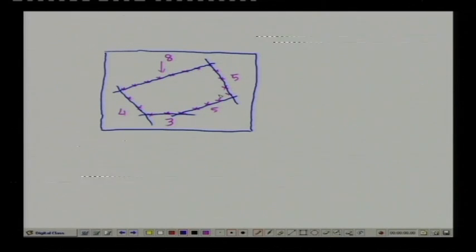But if I say that I will consider only those straight lines to be significant where the number of collinear points lying on the straight line is greater than or equal to 4, then I will be detecting only this straight line, this straight line, this straight line, and this straight line.